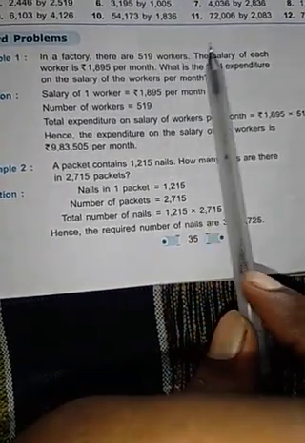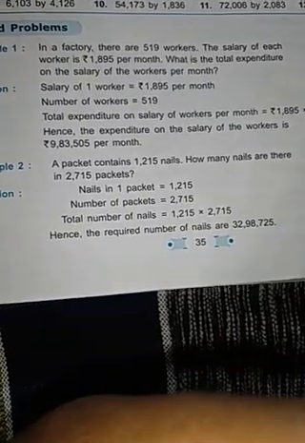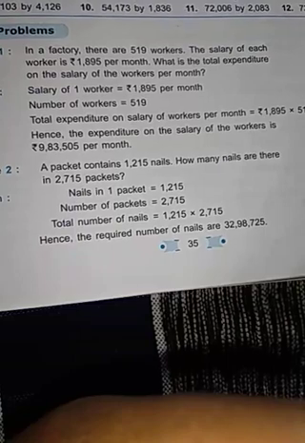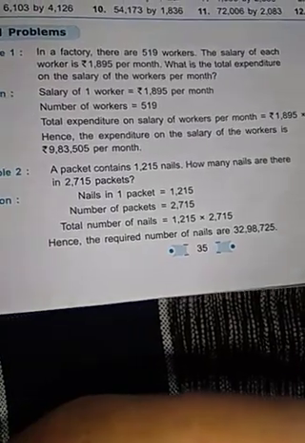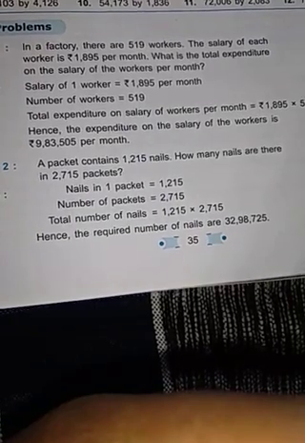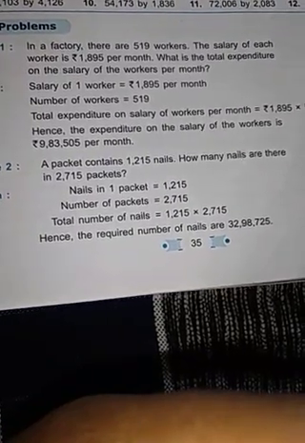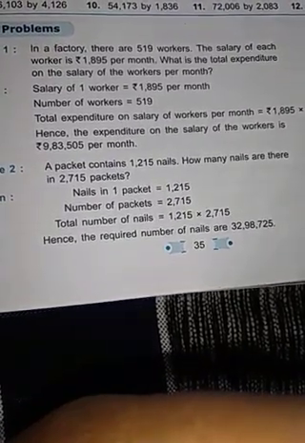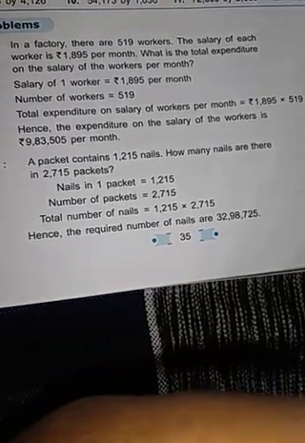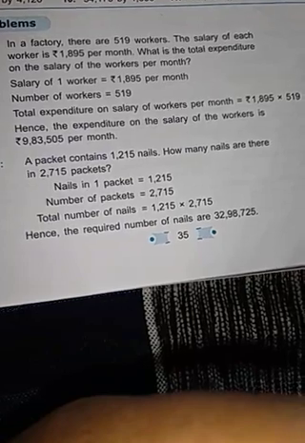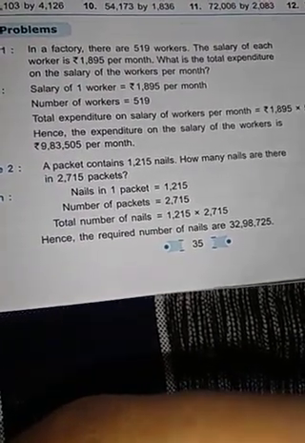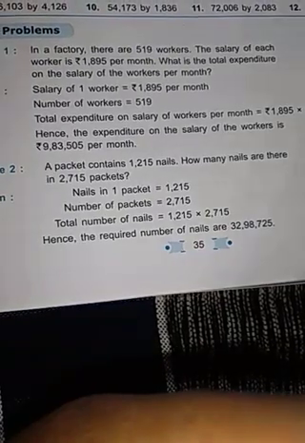The salary of each worker is rupees 1,895 and there are 519 workers. Find the salary of 519 workers. In the question, the salary of one worker is given and we are asked to find the salary of many workers. One is given and many is to be found out.